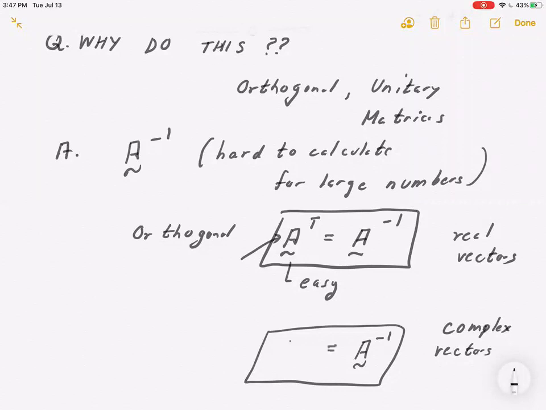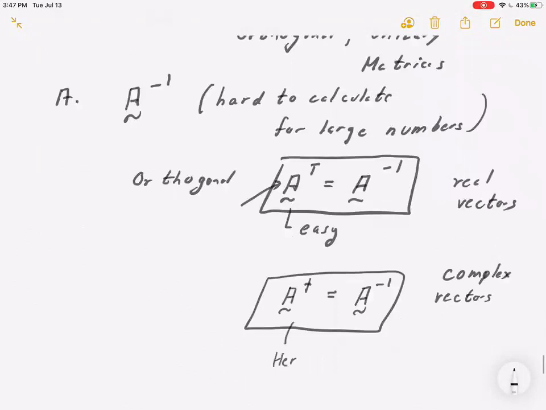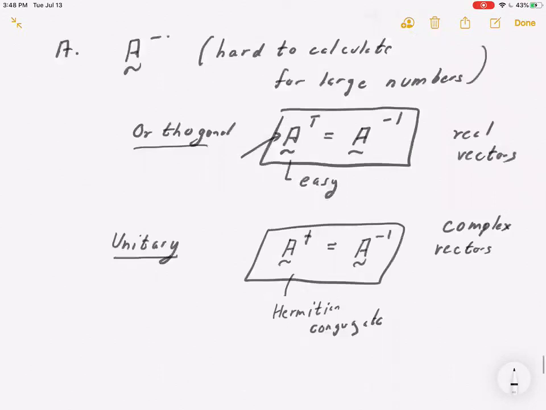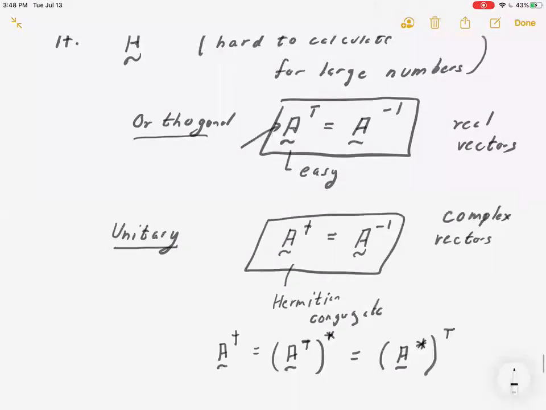So what we have shown is that if you can find the Hermitian conjugate of A, then that's equivalent to the inverse of A. Or said more broadly, if A is a unitary matrix, where its inverse is in fact equal to its Hermitian conjugate, then it's very easy to calculate the inverse of A. All you have to do is take its transpose, which is easy to do, and then take the complex conjugate of all the matrix elements, or you could take the complex conjugate first, and then take the transpose.